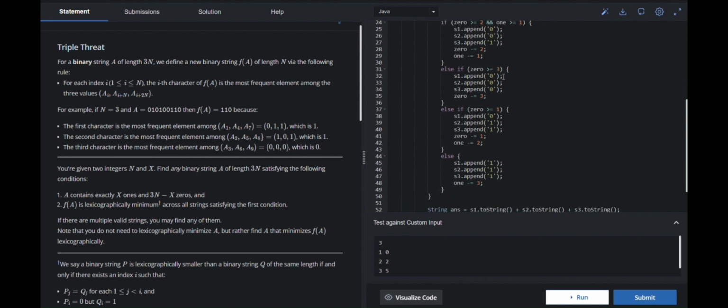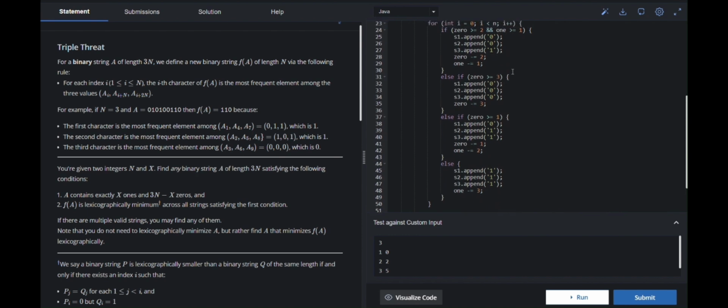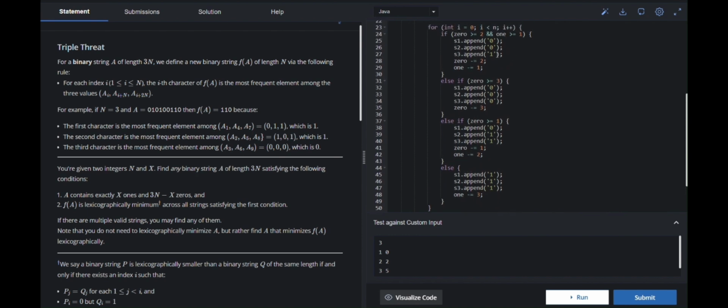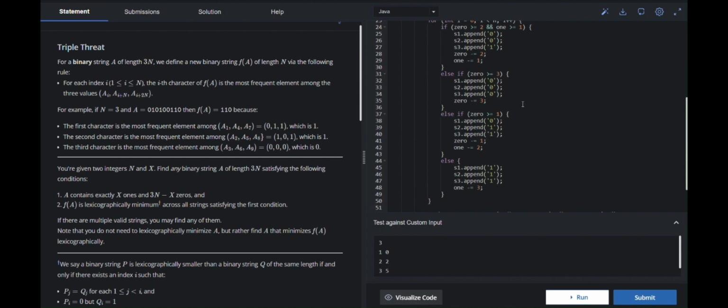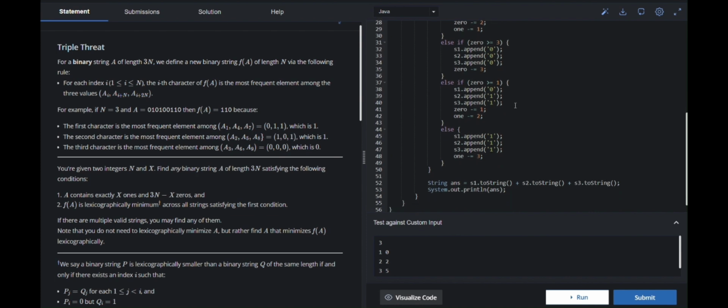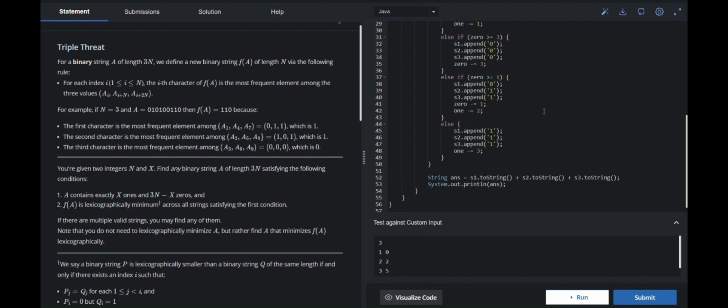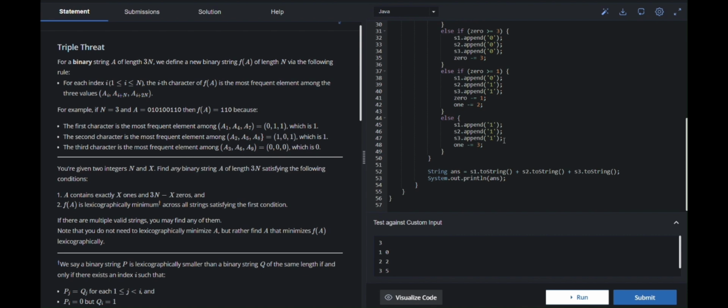Else, if the number of zeros is greater than or equal to 3, and only if the previous condition is not satisfied, we will move on to this, and append all three string builders with 0. Else, if the number of zeros is greater than or equal to 1, that means the earlier conditions are also not satisfied, then we will append s1 with 0 and s2 and s3 with 1 each, and decrement accordingly.